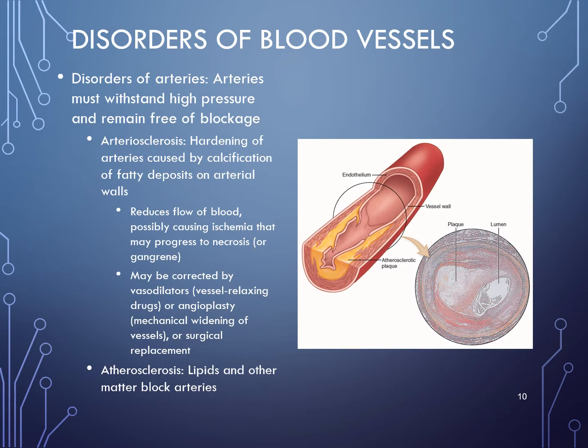So we already talked about how there's more pressure on the arterial walls than on the venous walls. And because of that, arteries have to be able to withstand higher pressures and remain free from blockages. One condition that we talked about in a previous lecture about the heart is arteriosclerosis.